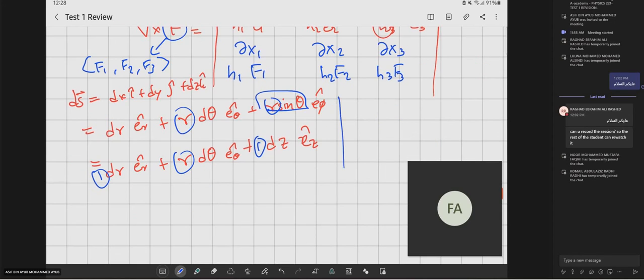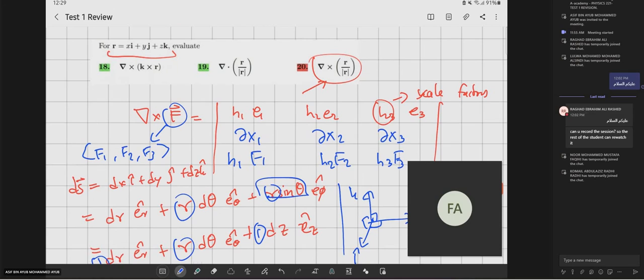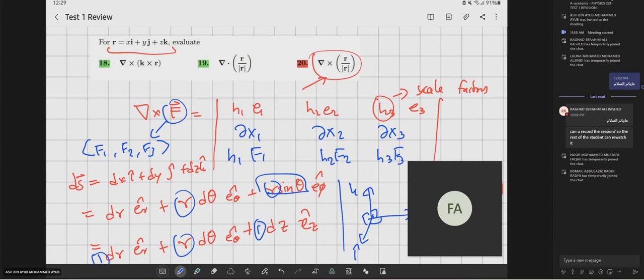Again, a reminder: this formula works only when we have a basis that is orthonormal, like i, j, k, where the angle between each basis vector is 90 degrees. If you have a basis that is not like this, this formula will not work. Again, this is a reminder, and I've already solved this in that lecture that I mentioned.